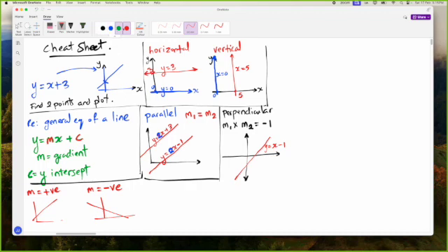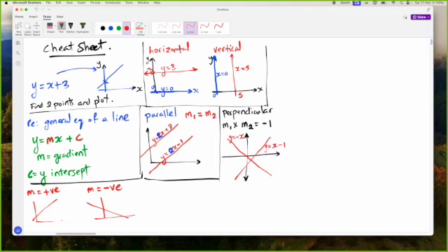And then I could have this line here, which is the line y is equal to minus x. And you notice I have it cutting through the origin, so c is 0, right?